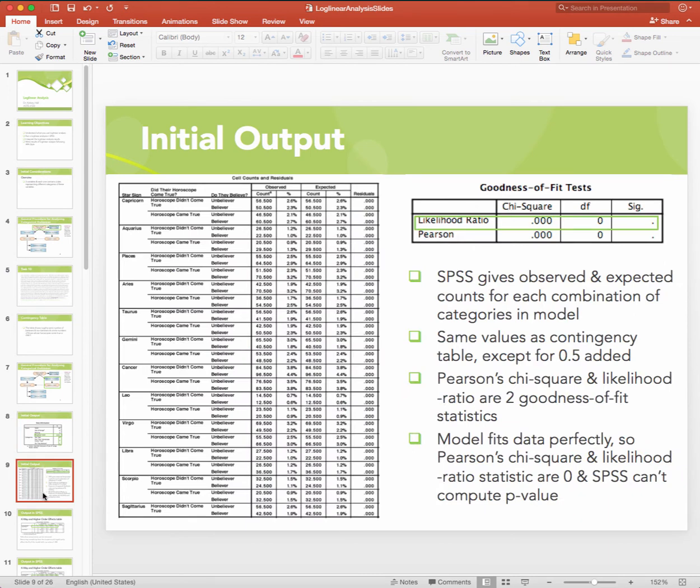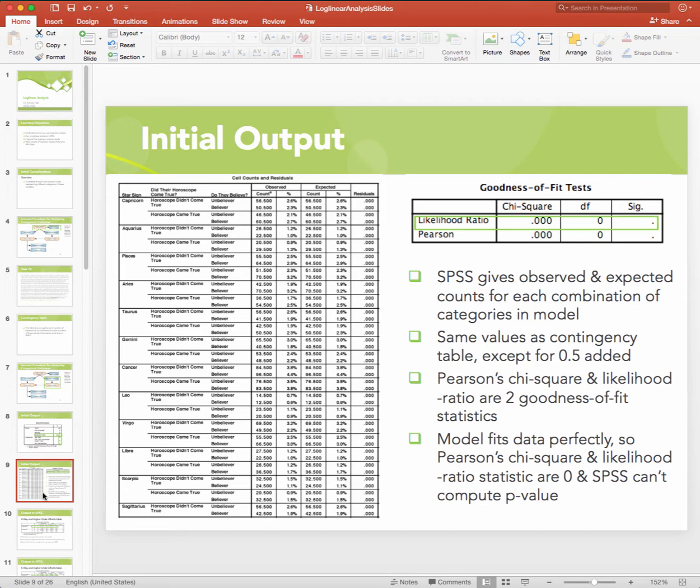On this table, our initial output, SPSS is fitting the saturated model, which is where all terms are in the model, including the highest order interaction, in this case the star sign times believer times true interaction. SPSS then gives us the observed and expected counts for each of the combinations of categories in our model.